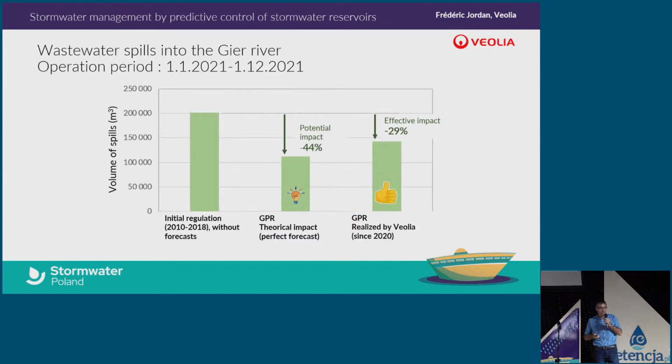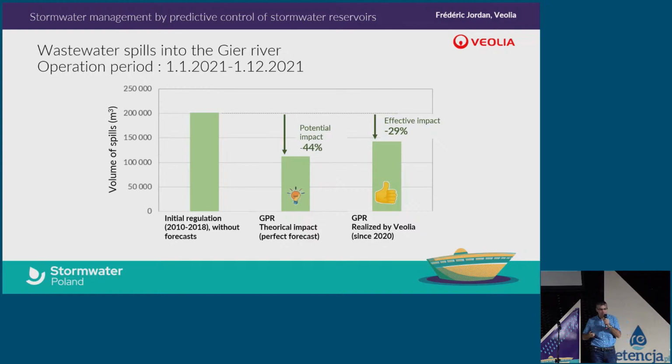After 2 years of experience, we can see that the system has a very positive influence on the catchment area. Before our developments, we could say that on average over 1 year, the total spilled wastewater was about 200,000 cubic meters per year.